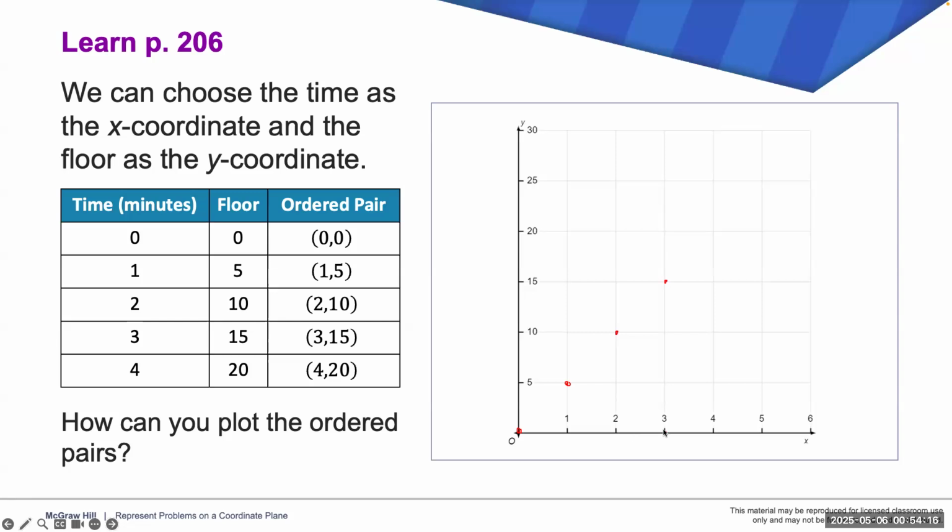So 1, 2, 3, 4, and then 20 for y: 5, 10, 15, and 20. If you need more time, stop the video and finish plotting them on your paper.